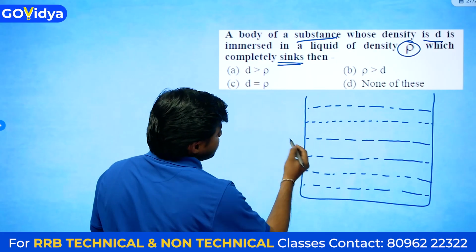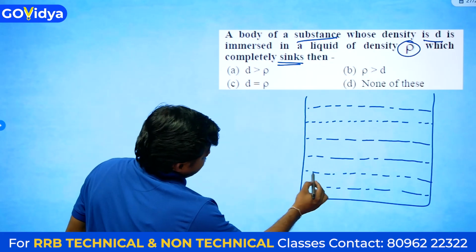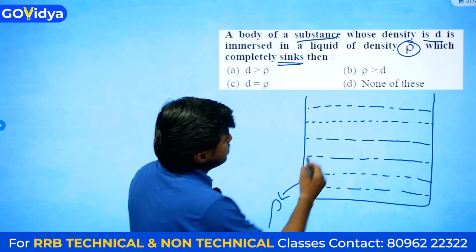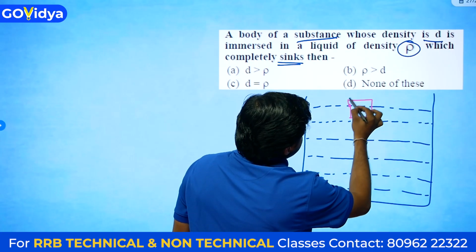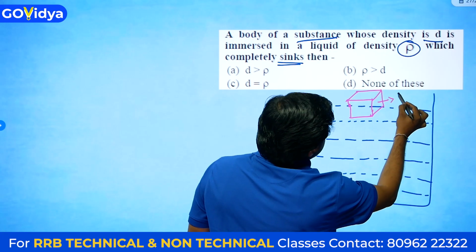The liquid density is rho, and the object has density D.